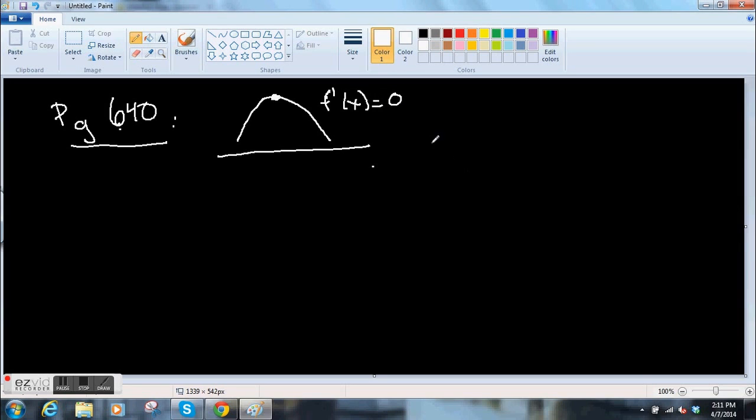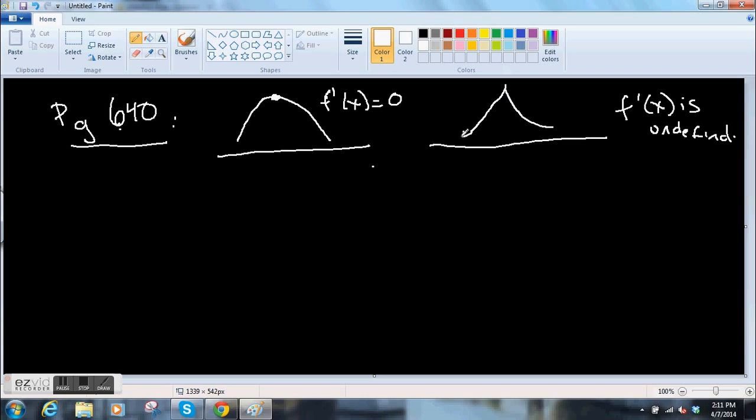But if the derivative is undefined, if f prime of x is undefined, you might still have a critical point. The graph looks like that. See? You might want to look at the picture, it's much nicer. And similarly, if you have the function where the derivative equals 0, right?